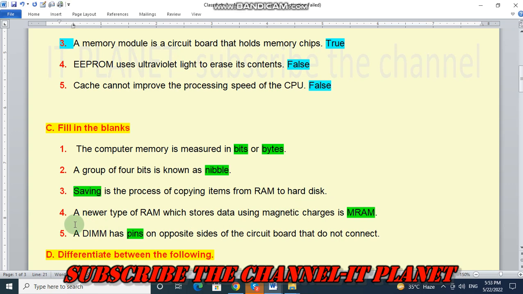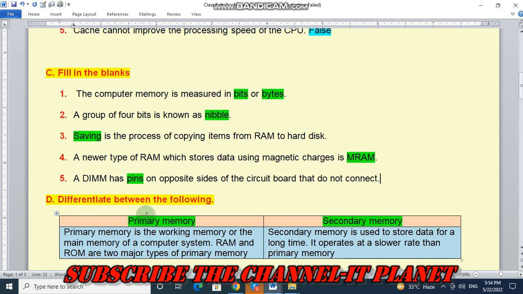A newer type of RAM which stores data using magnetic charges is MRAM. A DIMM has pins on opposite sides of the circuit board that do not connect. So these are the answers of the fill in the blank question.